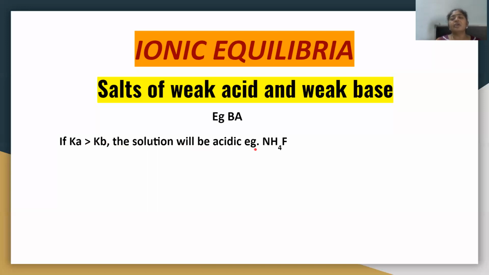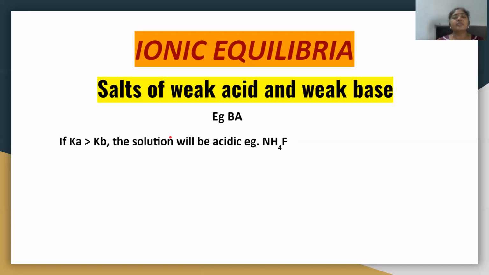For example, take the salt NH4F, where NH4OH is your weak base and HF, hydrofluoric acid, is a weak acid. But compared to ammonium hydroxide, hydrofluoric acid is a slightly stronger acid. It's not a strong acid, it is a weak acid only, but the acidity is more for HF as compared to that for NH4OH.